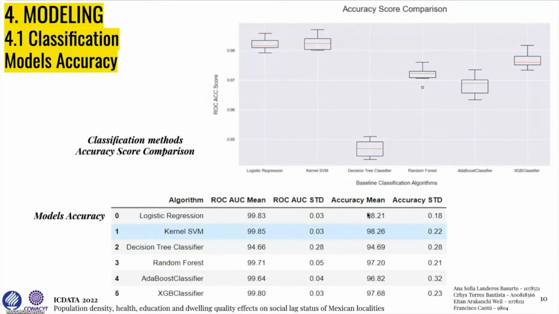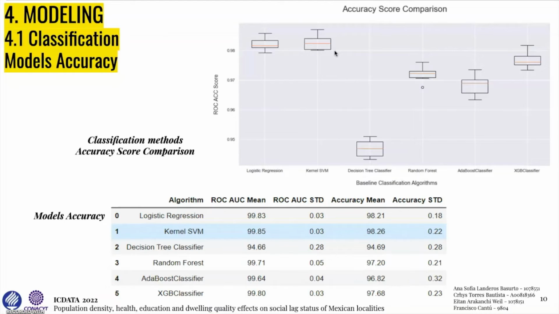Looking at the performance of the models using the mean, it can be said that the best classifier is SVM. When looking into the box plot, both logistic regression and SVM have the highest ROC AUC scores, and both are good options.